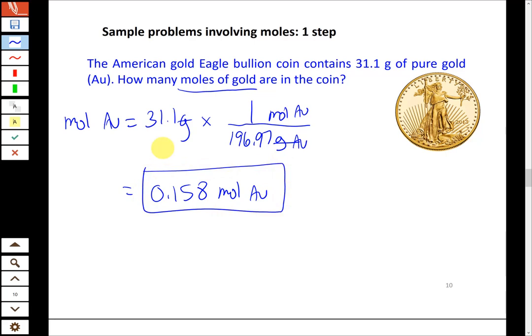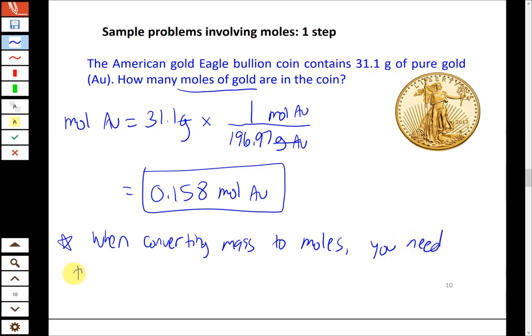All right, so this is a classic example. They're not always going to be simple one steps like this, but a very common step in many problems is converting between mass and moles. In that case, you use the atomic mass. So in this case, you do need to know the identity of the substance, though, because every substance has its own, we're talking about elements for now, but we'll do it for compounds later.